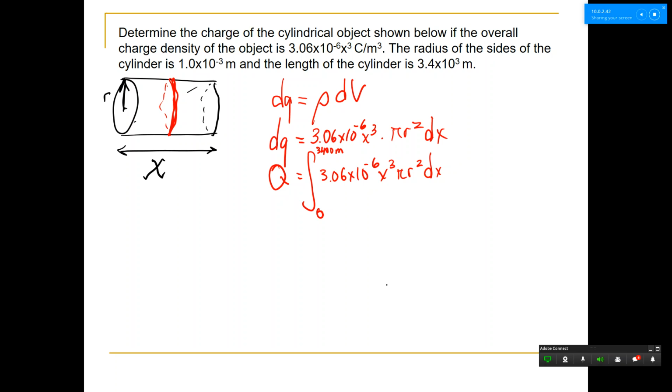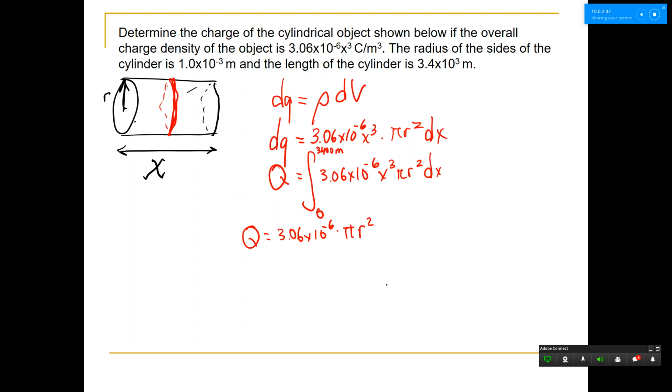Now, how do we solve this? Yeah, there it is. Definitely. There's a lot of constants. So 3.06 times 10 to the minus 6 is definitely a constant. What else is a constant? Pi? R squared, yeah. You take r squared out.